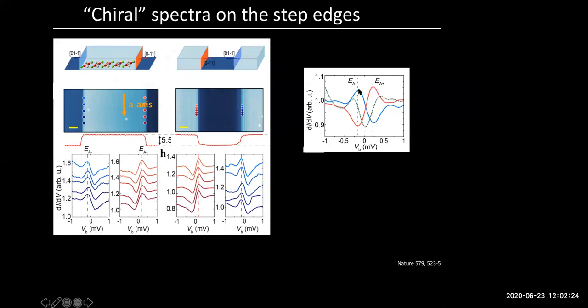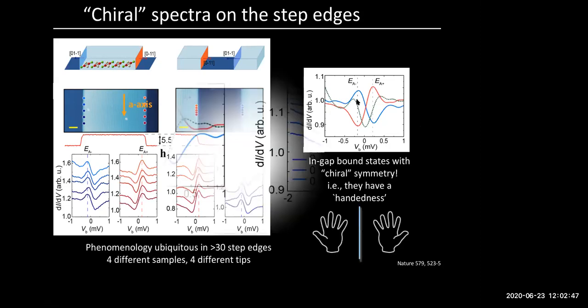You get a peak, but you also get a dip on the other side. And the energy scale of the dip and the peak are identical. So this is an extremely particle-hole symmetric feature, except it doesn't really have particle-hole symmetry at any given point along these step edges. These features are chiral, and we've done a lot of analysis.